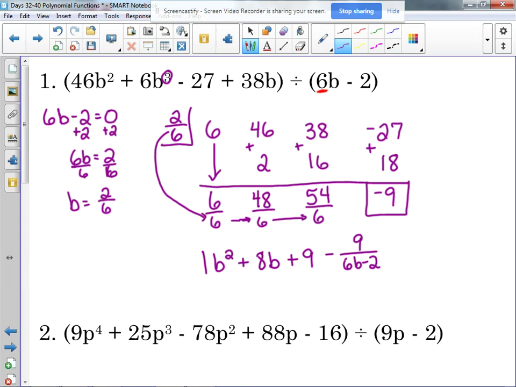You divide everything else but the remainder. So do not divide the remainder. Okay, and then here we divide by the denominator.